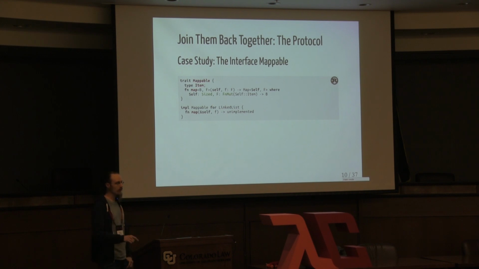But this demonstrates the idea again that you have an implementation that is separate from the data structure, and it is being joined together by the type. So if you want to call map on something, the compiler sees you have a linked list, you want to map on that, and it goes looking for the implementation of Mappable for linked list, which is the idea behind Mappable here.